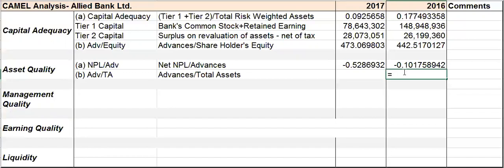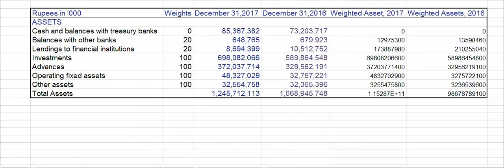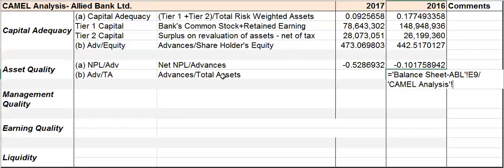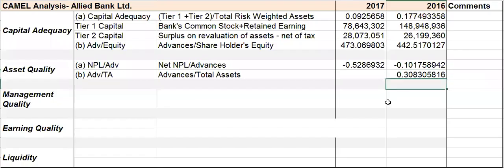Now we will calculate the second ratio to assess the quality of assets, which is advances over total assets. For advances, we will go to the balance sheet. Advances divided by total assets, and that's how we can calculate the advances over total assets ratio.